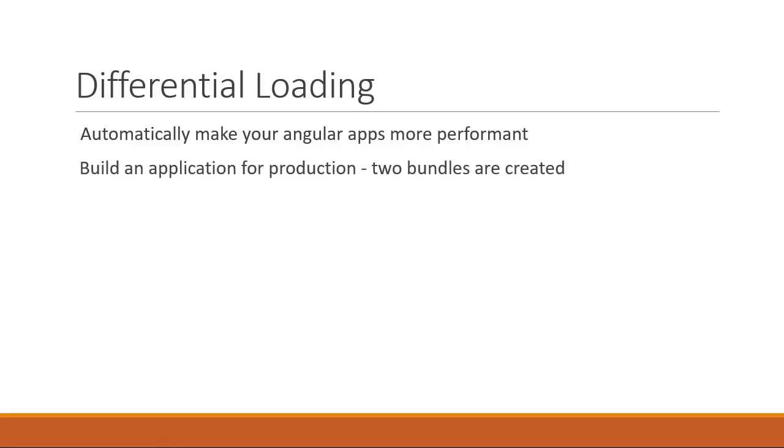The first one is differential loading. Differential loading is a technique which will automatically make your Angular apps more performant. Now, how does this work? Well, it turns out with version 8, when you build an application for production, two bundles are created.